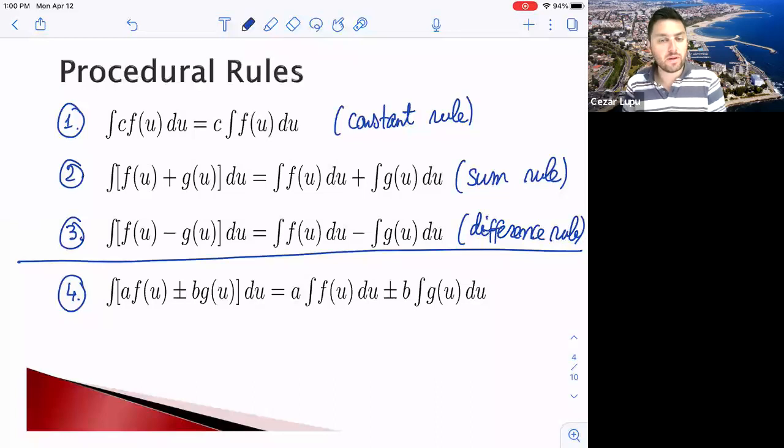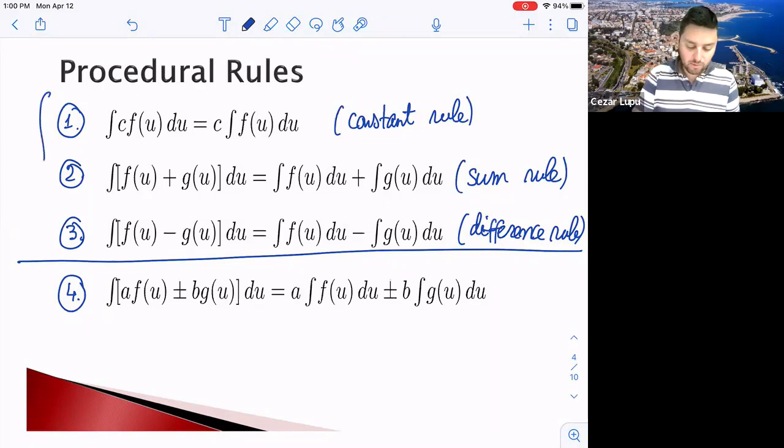In other words, the integral of the difference of two functions is the difference of the integrals. In other words, the integral of f of u minus g of u du is the integral of f of u du minus the integral of g of u du. So that's the difference rule.